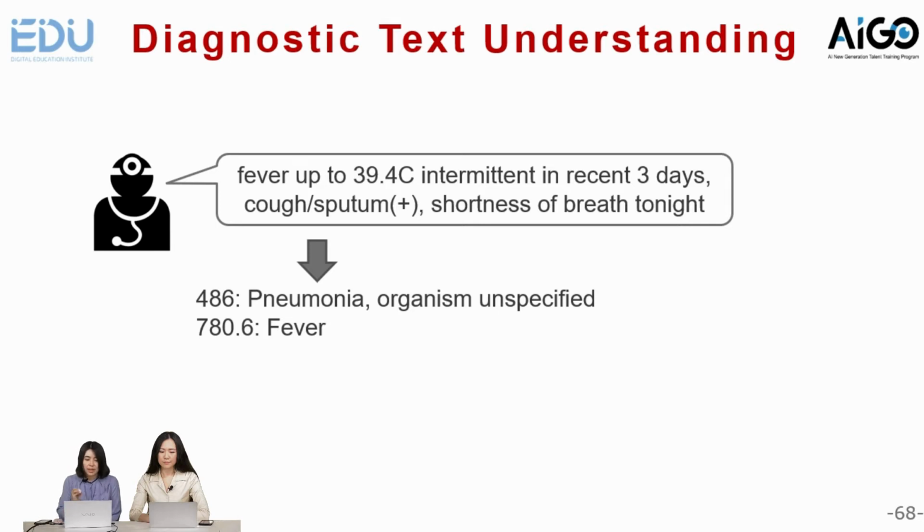For example, some codes may belong to some symptom, some codes may belong to some disease, and based on the sentence, like a clinical note, you need to label the corresponding codes. For example, this note contains two corresponding codes, like fever and also some disease, I'm not sure.